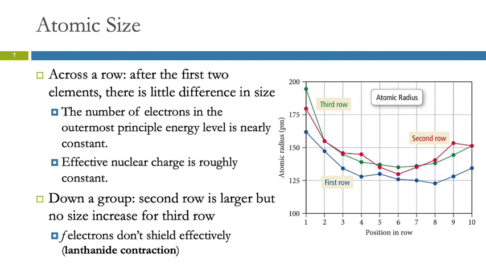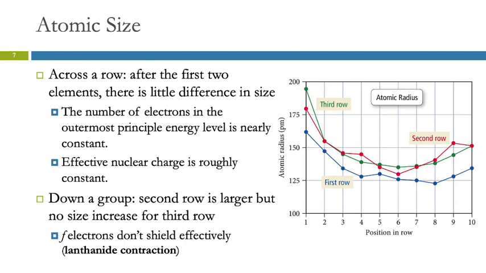So let's look at some periodic trends for these transition elements. As we go across a row, what normally happens to size on the periodic table? It decreases. Remember why? The nuclear charge. We have increasing nuclear charge, and the electrons being added are being added to the same principal energy shell.